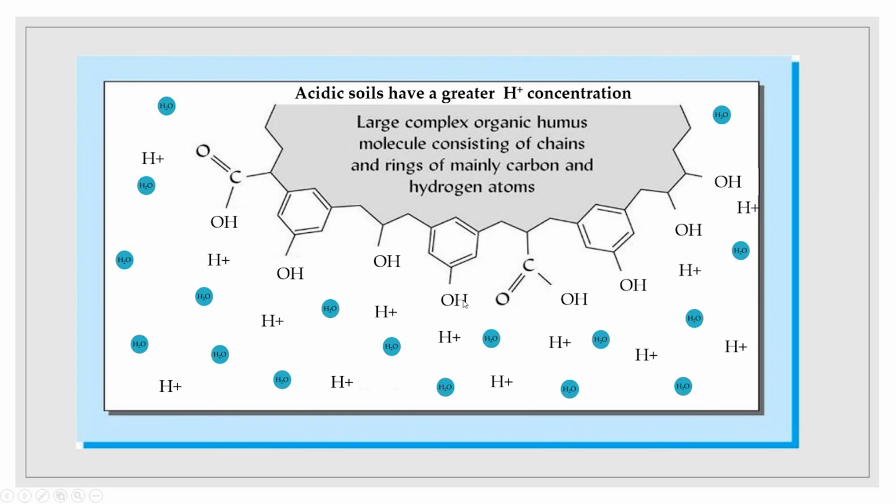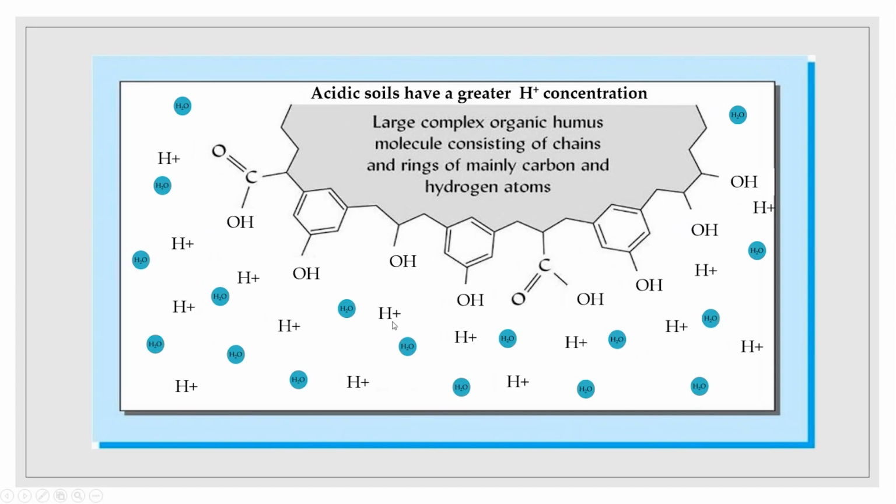Now, what happens is that as our pH gets very acidic, as we over-increase this hydrogen concentration, we can have what we call a protonation. So we have a very elevated hydrogen concentration, and it's possible that that hydrogen can protonate this functional group of organic matter, giving it a positive charge.